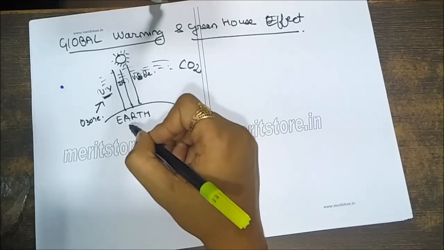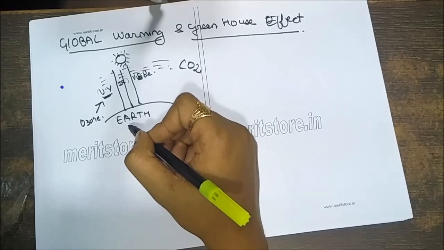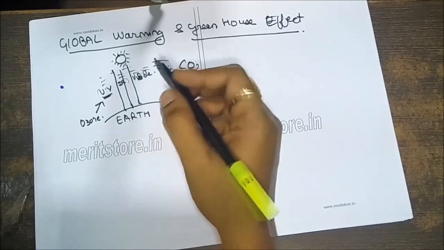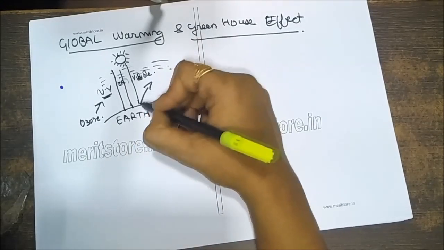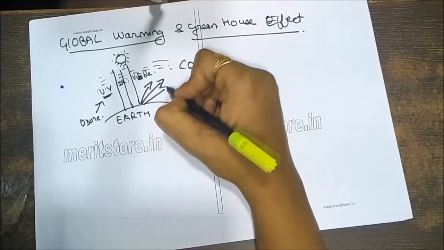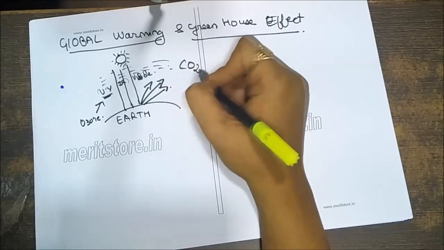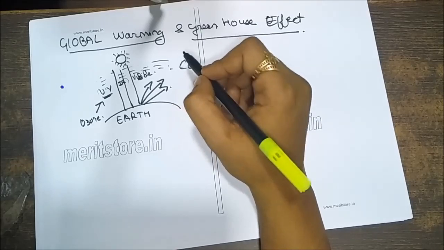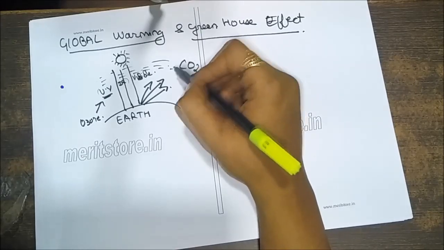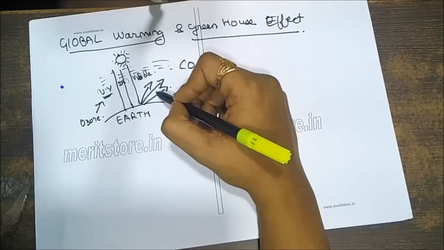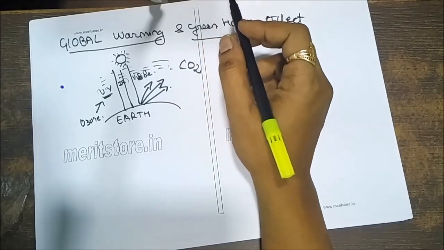As earth becomes hotter and hotter, it starts emitting heat back to the atmosphere. Now these emitted rays are absorbed by the CO2 in the atmosphere. In this way, CO2 does not allow the infrared radiations to go out of the atmosphere.